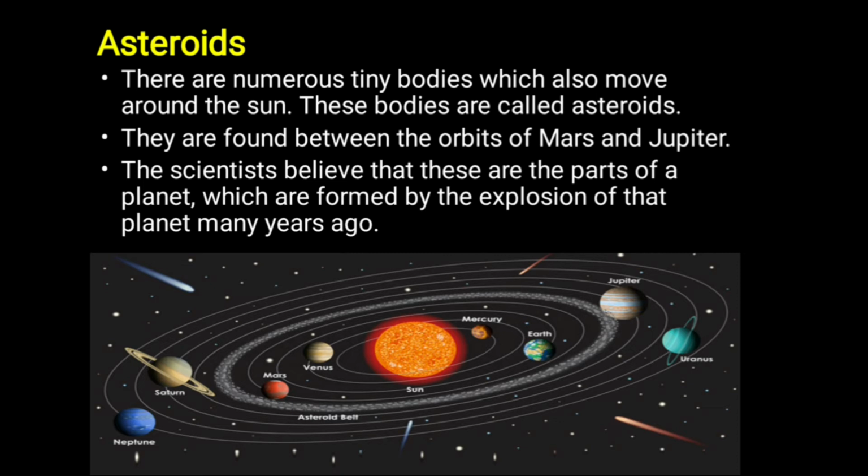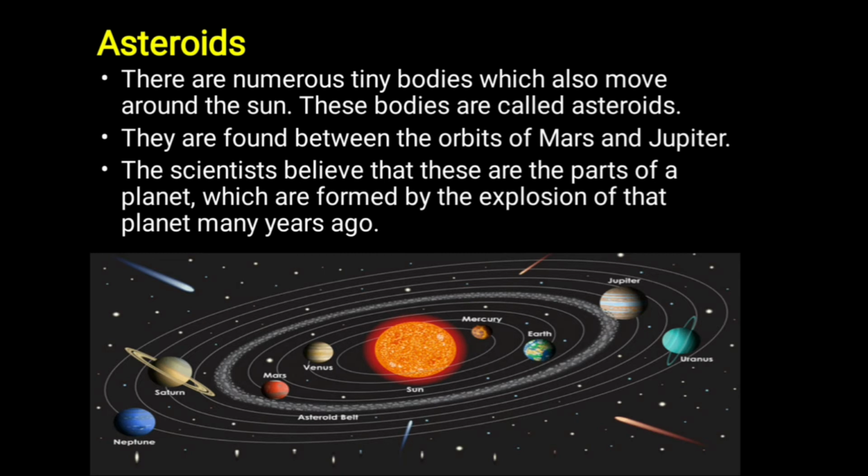These four planets come inside the asteroid belt, and the planets Jupiter, Saturn, Uranus and Neptune, these four planets come outside the asteroid belt. So the four planets, that is Mercury, Venus, Earth and Mars, are called inner planets, whereas Jupiter, Saturn, Uranus and Neptune are called outer planets.